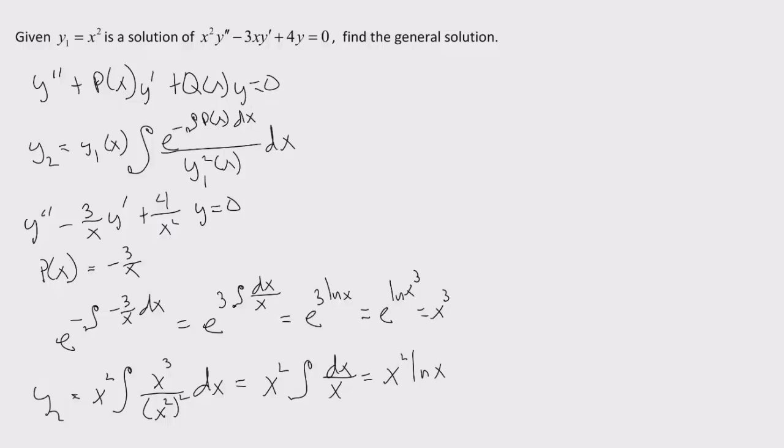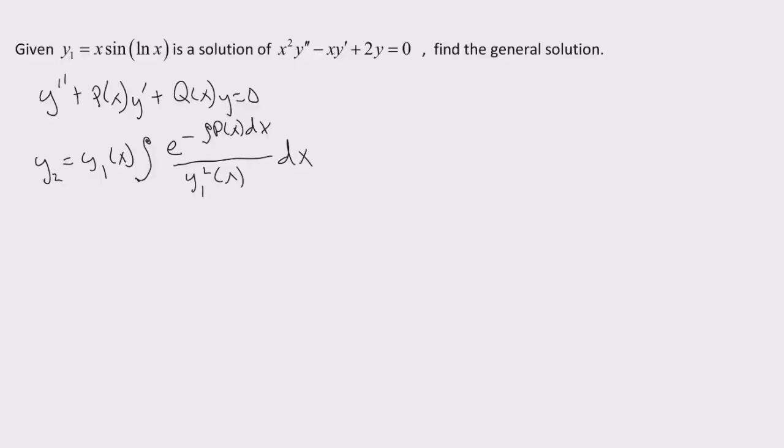So our general solution then would be c1 x squared plus c2 x squared ln of x. Okay, so in this last problem in our lesson today, I went ahead and just set up the general, put reminders about the process, about how do we find the second solution.